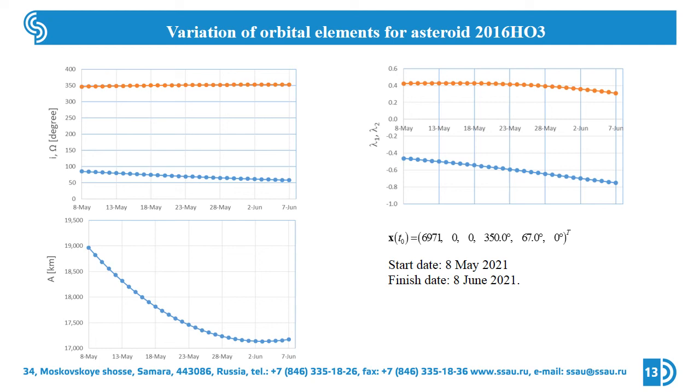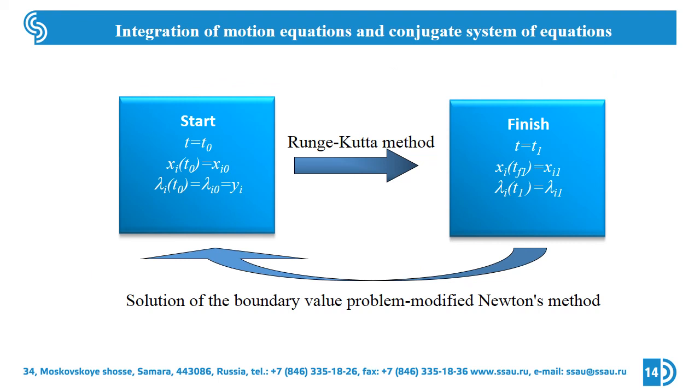This data was used as the required orbital elements at the flight finish x of t1. On this slide, the integration of the motion equations and the conjugate system of equations is presented.